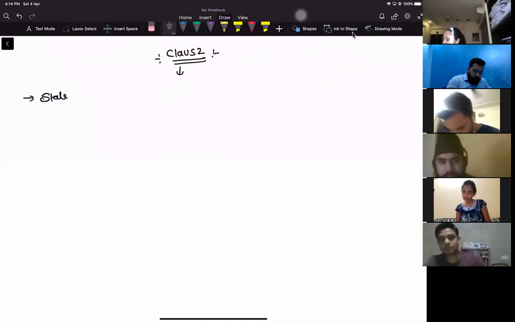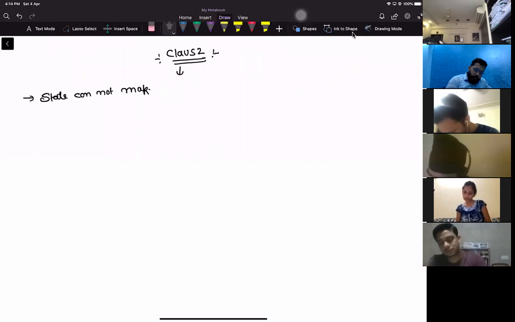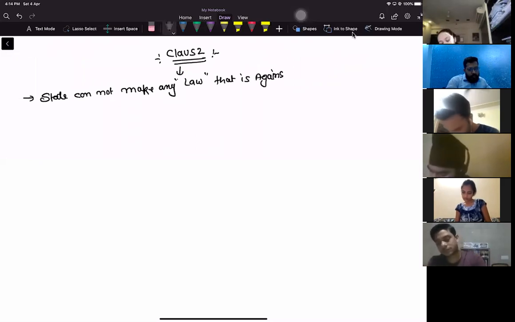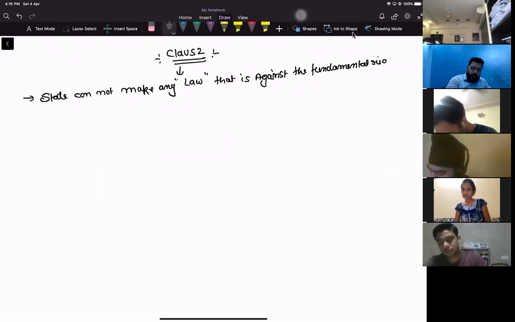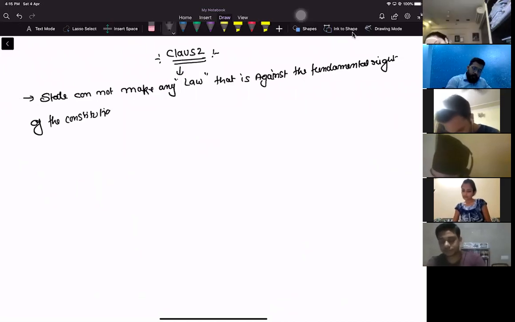The state cannot make any law that is against the fundamental rights of the Constitution, that is, part 3rd.